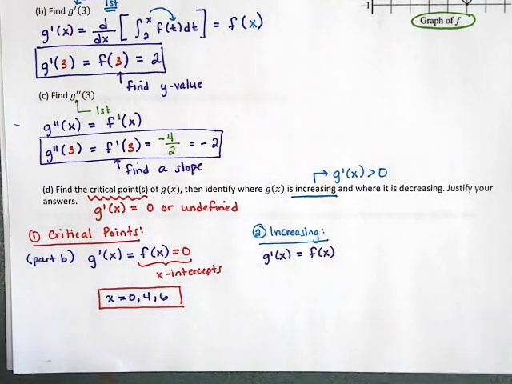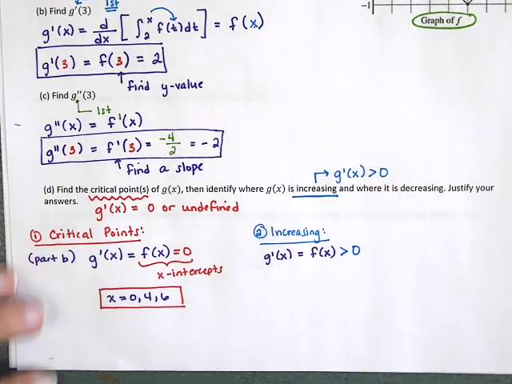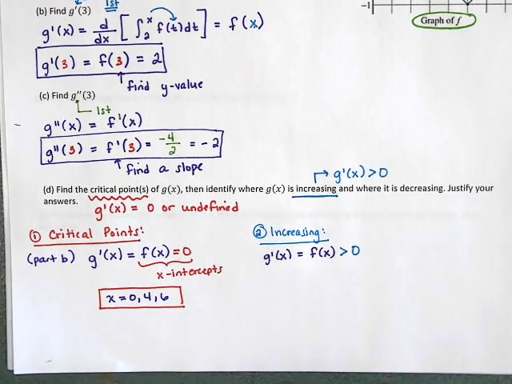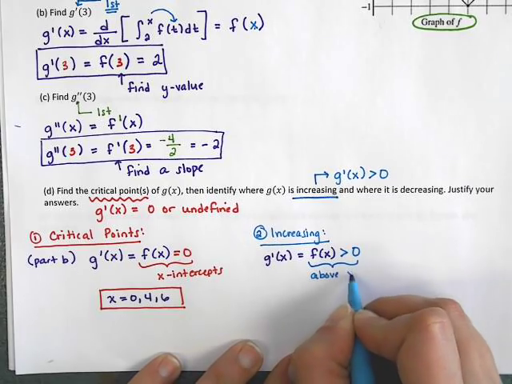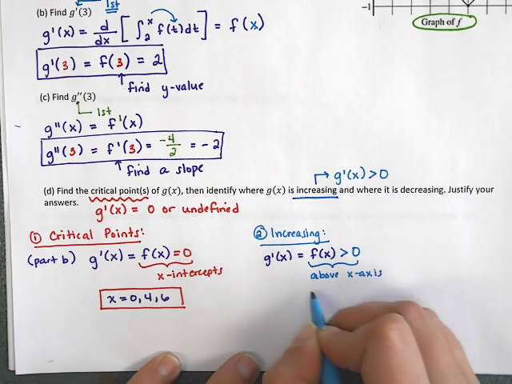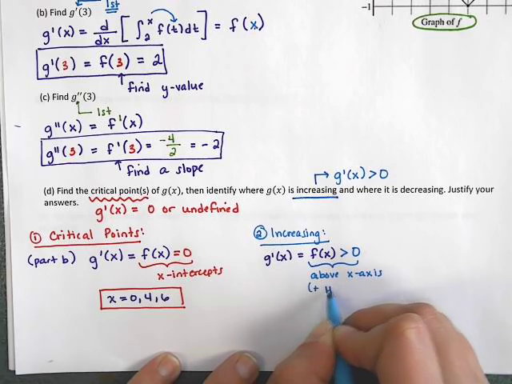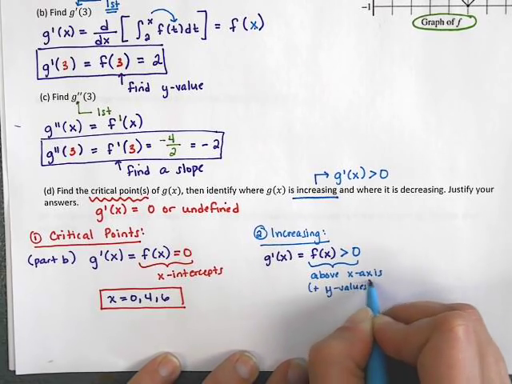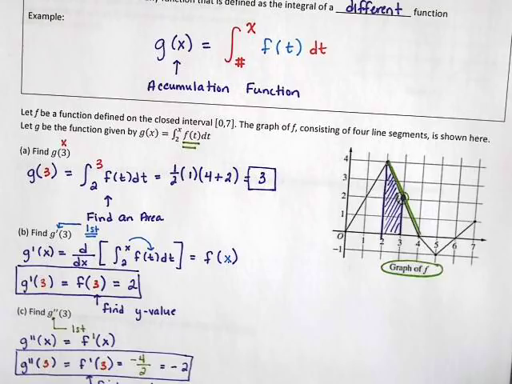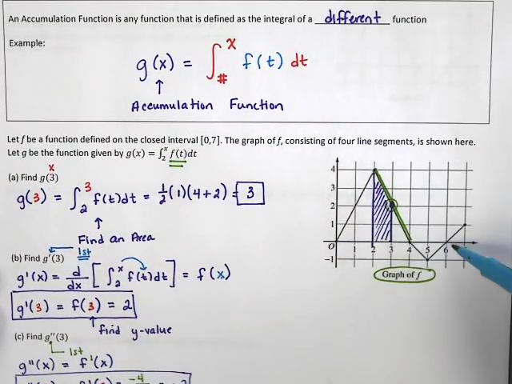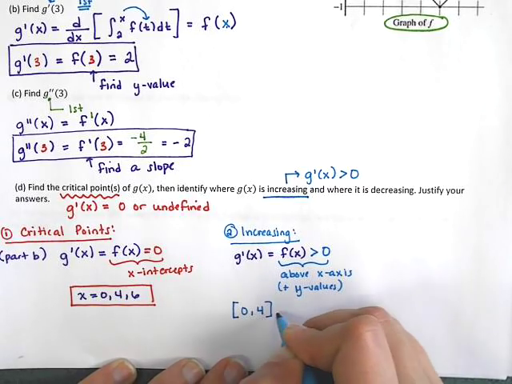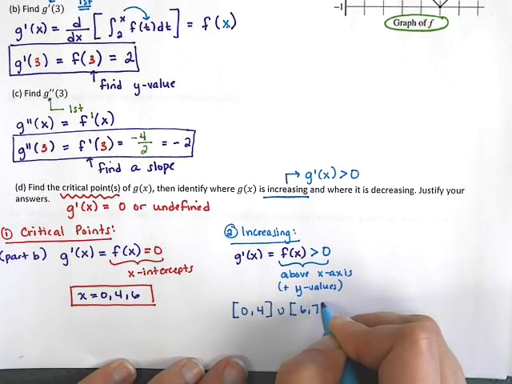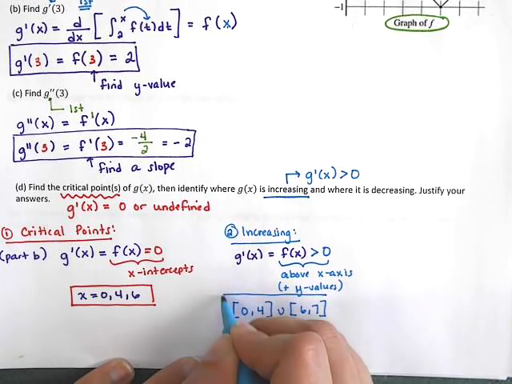And we are going to want to know where that is greater than 0. Now, greater than 0 means above the x-axis. In other words, it has positive y values. If I look at this graph, I'm above the x-axis from 0 to 4 and from 6 to 7. And when we learned about increasing and decreasing, we said we always use closed brackets for those. So that would be my answer.